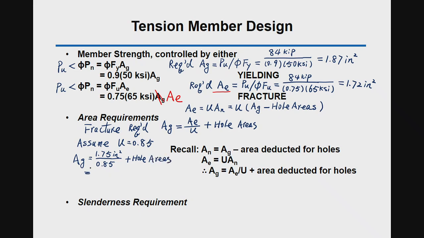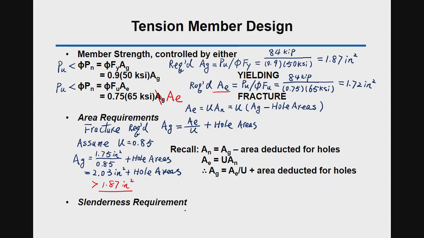So this part alone equals 2.03 square inches plus hole areas. As we can see, this part alone is greater than the required gross area based on yielding, right? So it must be greater than 1.87 square inches.